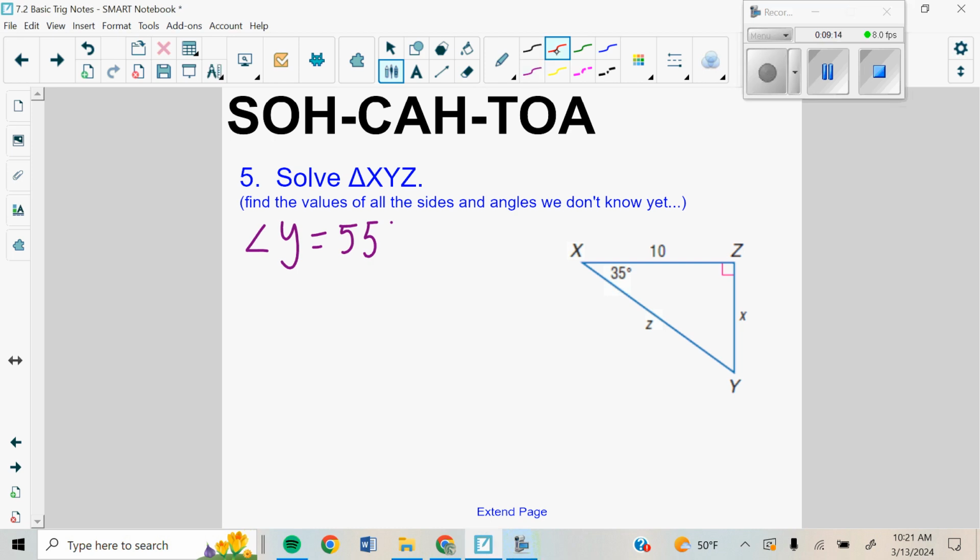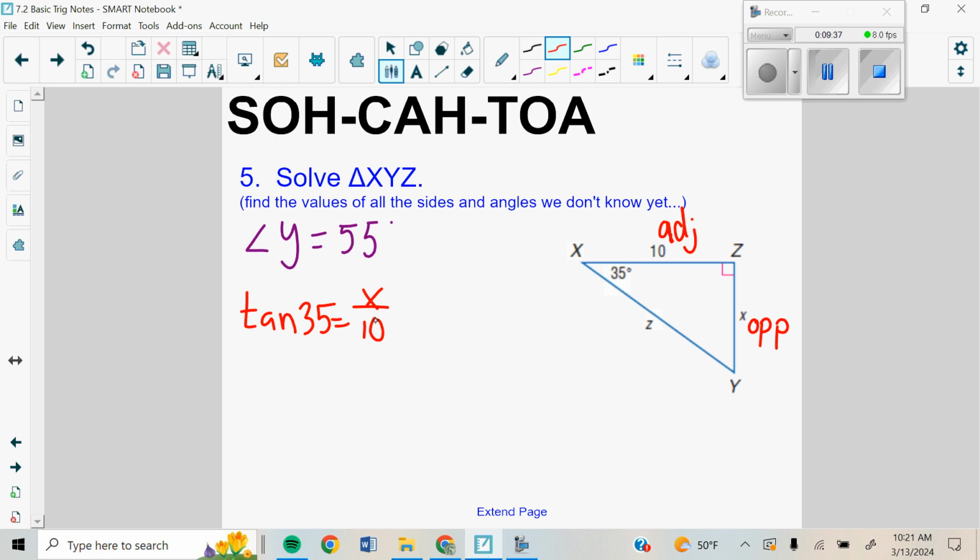Let's go ahead and solve for, I'm just going to pick X. In relationship to the 35, X is my opposite and 10 is my adjacent. So I'm going to use my trig function of tangent. So tangent of my angle equals opposite over adjacent, over 10.